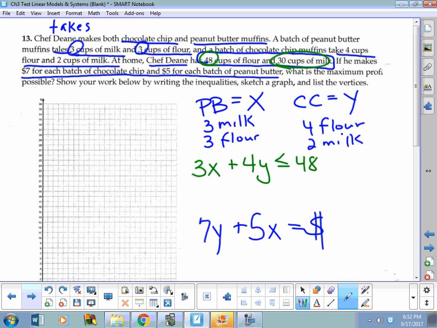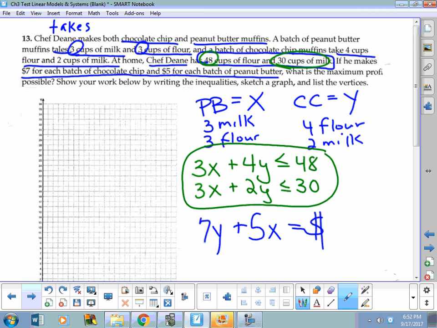And I'm going to do the same thing with the milk. 3 milks plus only 2 milks can't be over 30. And that is what you're looking for. Those are the constraints. There is a minor constraint that probably we're not making negative amounts of peanut butter muffins and chocolate chip muffins. So this would also be part of it.